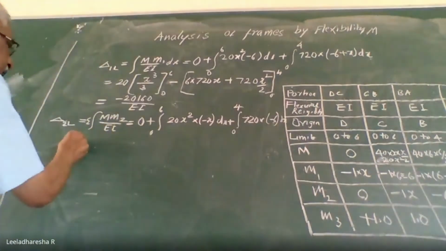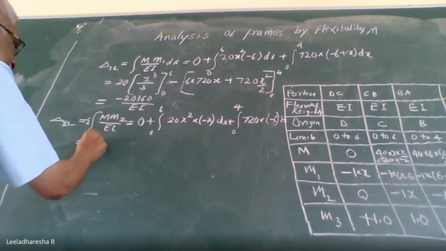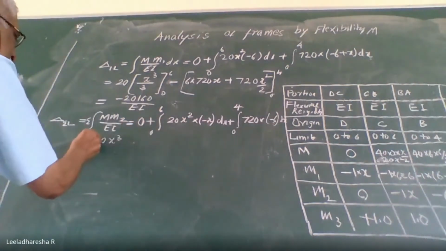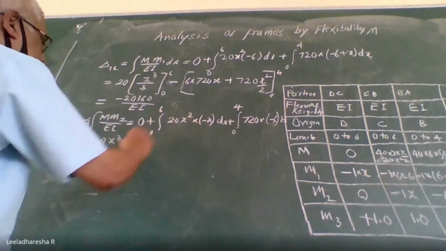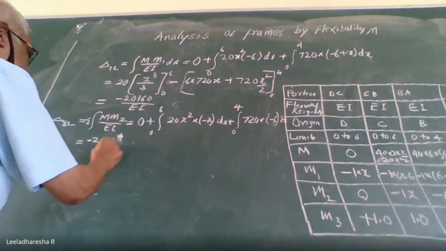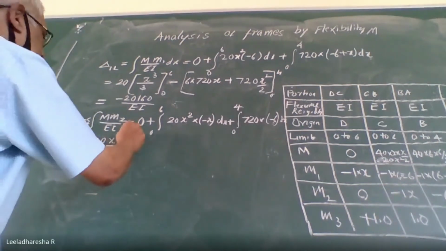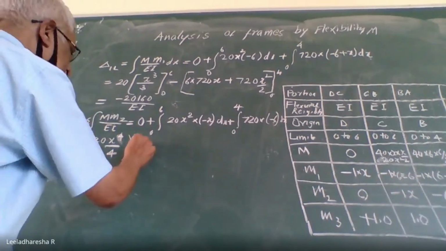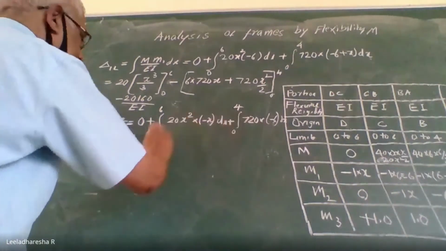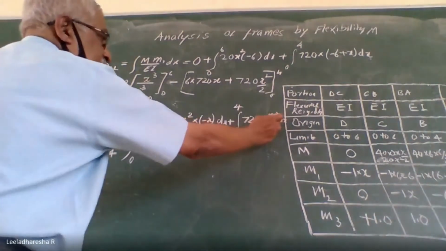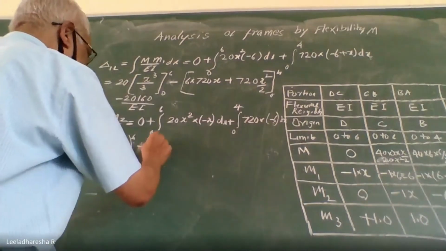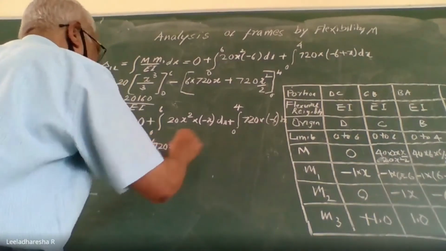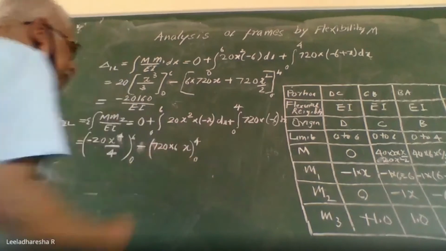So simplify this particular equation. 20x cube divided by... that minus sign I will bring it outside. 20x raised to 4 divided by 4 between the limits 0 to 6, plus 720, again this becomes minus because I am bringing the minus sign out, 720 into 6x between the limits 0 to 4.